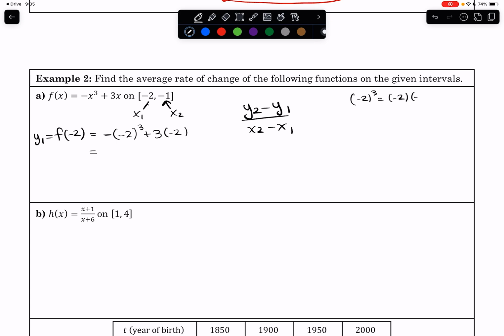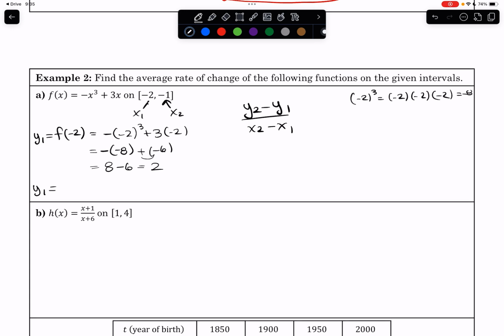I'll do that work over here on the side. That equals a total of -8. So minus -8. Multiplying 3 and -2, that's equal to -6. And a negative times a negative is equal to a positive value, and a positive times a negative right here is equal to a negative. So we're going to end up with a total of +2. So my y1 value, which is f of -2, is equal to the number 2.